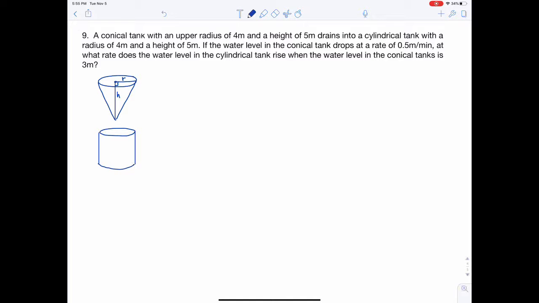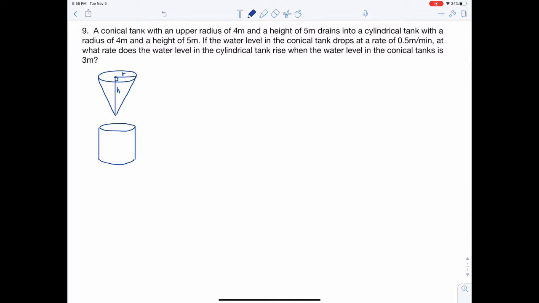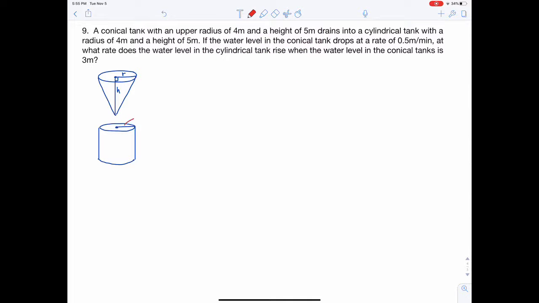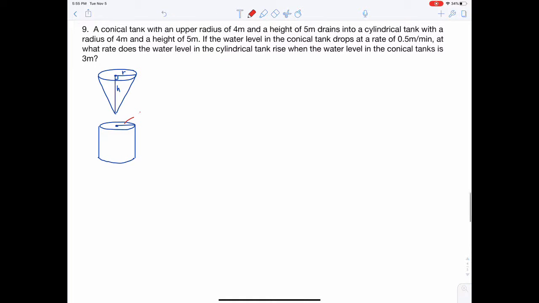And it's got a radius of, what is it? I think it's the same. So I think it's 4 meters. Now, you might be wondering, why did I call the top radius R and this radius 4?